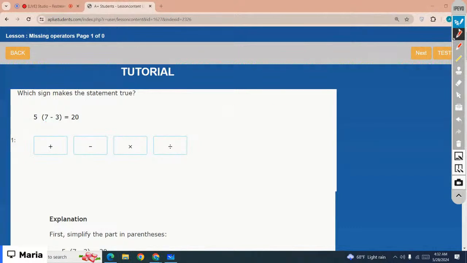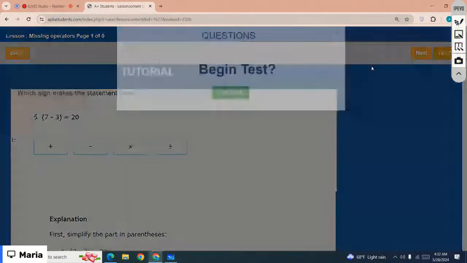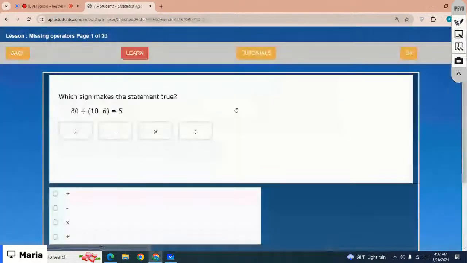Let's just start with the test questions. Okay, which sign makes the statement true? 80 divided by 10 and 6, which is the correct option? You need to divide 80 by a number so that the answer is 5. What number is it?